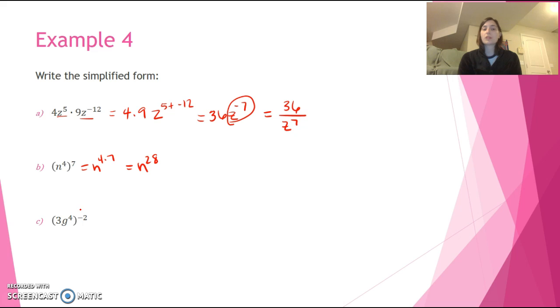I can distribute the -2 first and then move, or because this is the only negative, I'm going to go ahead and flip. So we would have 1 over 3g to the 4th, squared. And so I'm going to go ahead and flip it first. And now I have all positive exponents.